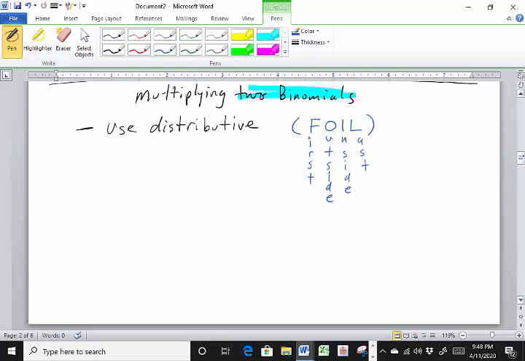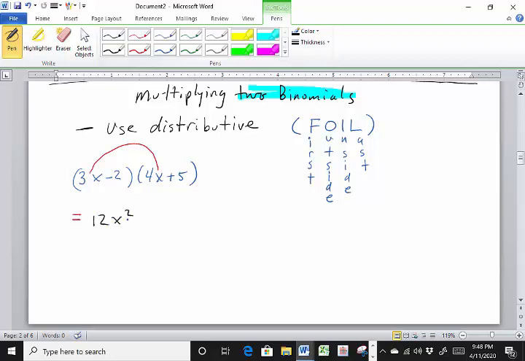So let's take a look at 3x minus 2 times 4x plus 5. All right? Now, let's go through this slowly. So we're going to multiply the first term, so the first with the first. Okay? So that equals 12x squared.